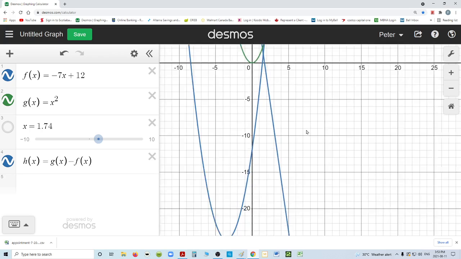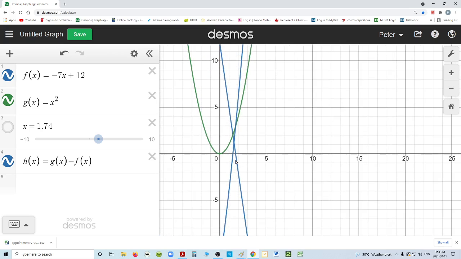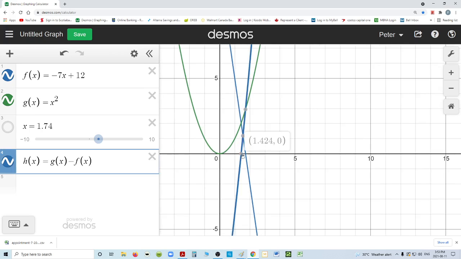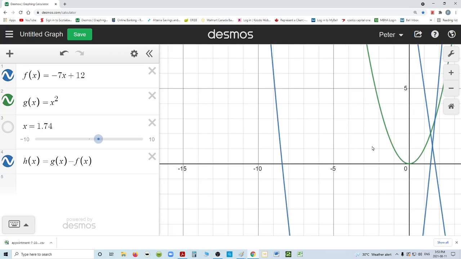It's hard to visualize. But I want you to notice something here. When the parabola goes from negative to positive, the y values of my parabola become bigger than the line values. That's why it suddenly goes positive. Same with this side.